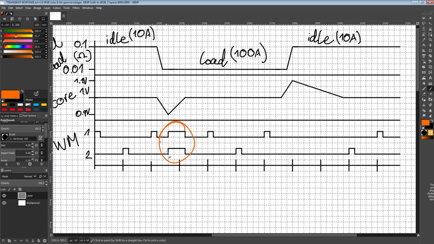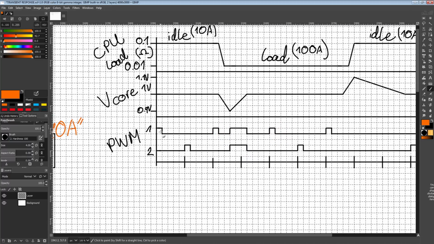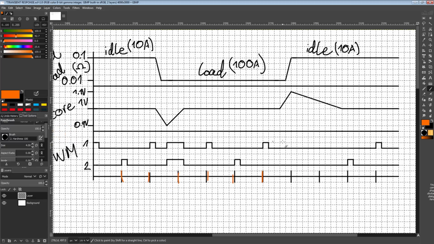So after our load insertion transient and our VRM's response to that, eventually we go back to standardly spaced PWM pulses on our two-phase. The reason I have these marks down here is to indicate when every pulse is supposed to happen, and they're supposed to alternate between the two phases spaced by 180 degrees. So that's why you have the gap where it's 4 squares to this side and 4 squares to this side as well, right?